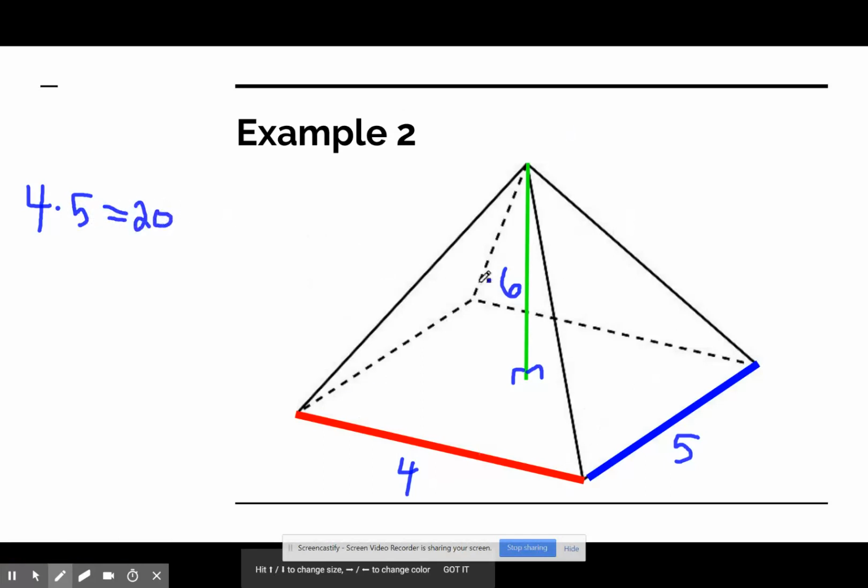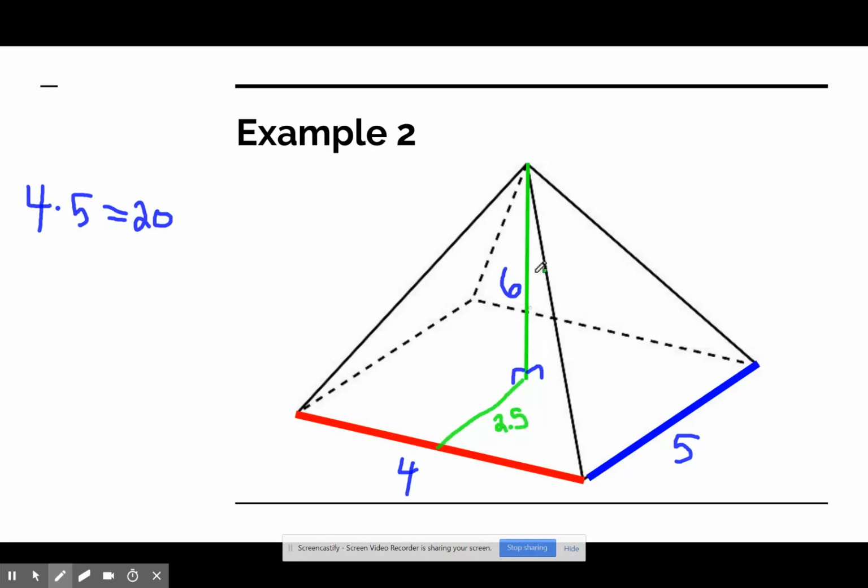Now we've got to figure out our triangles. So this is where the Pythagorean theorem comes in. We have this number because it's right in the middle, so it's actually 2.5, because half of this line here is 2.5. And we have this number of 6.